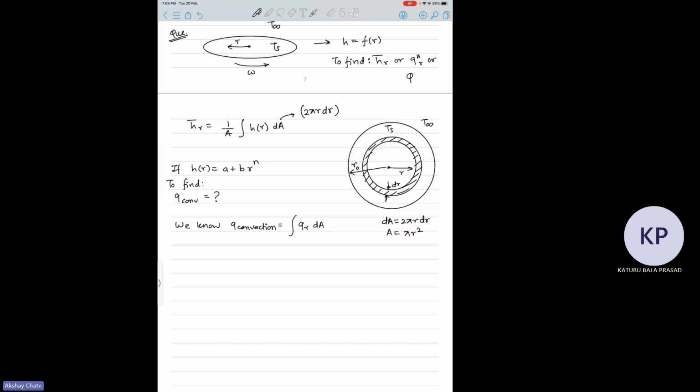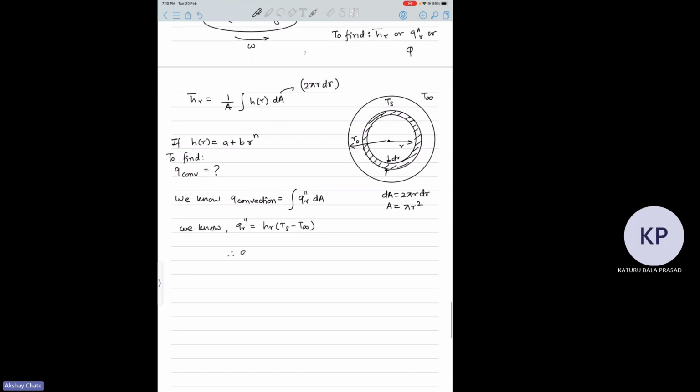Whatever heat is getting transferred from this small strip of dA cross sectional area, and this will be flux, because we are multiplying flux with the area, that will give you total Q. Now we know the flux will be nothing but h(r) into Ts minus T infinity, because the whole plate is at Ts, so your small strip will also be at Ts.